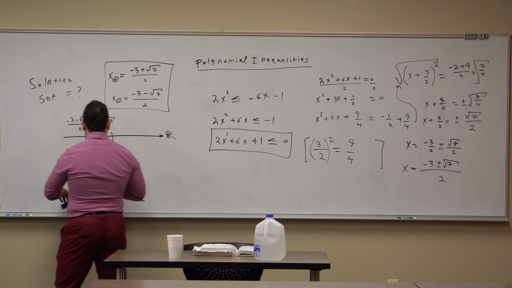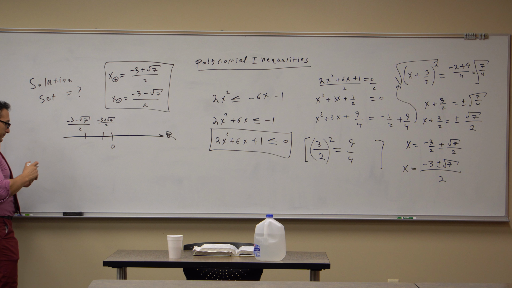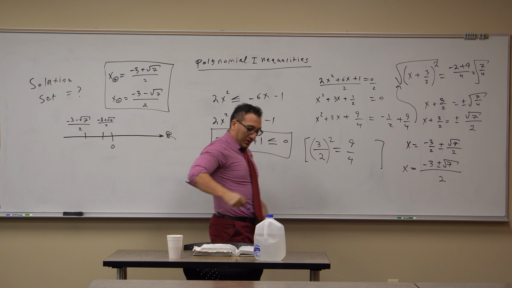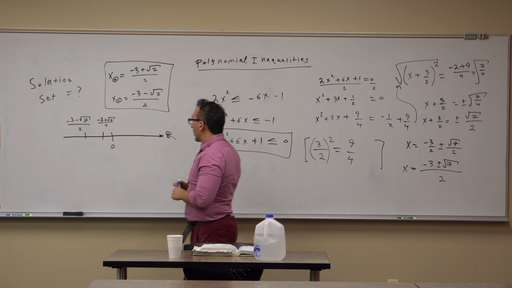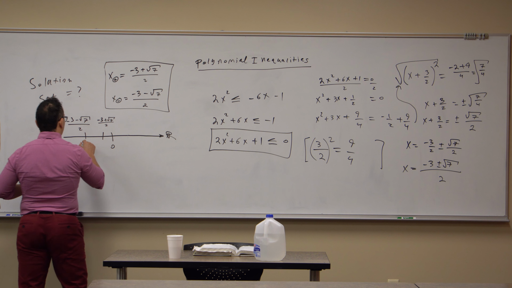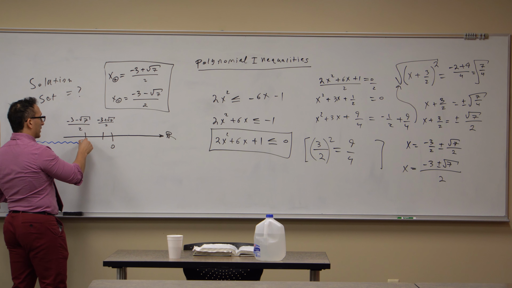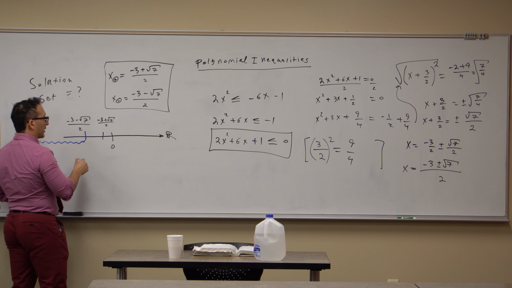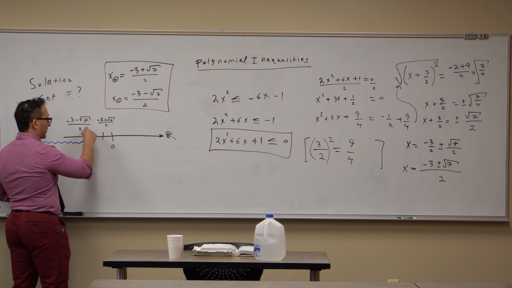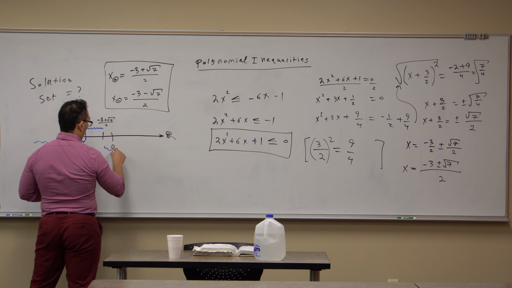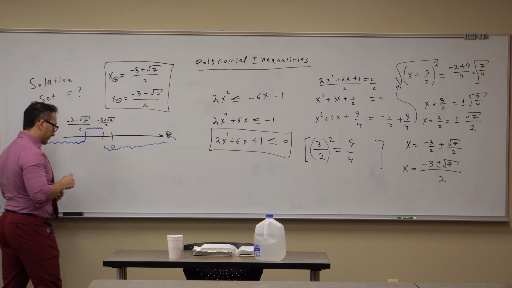So now we have these numbers on the number line, and we want to figure out which numbers we can plug in that will work. So we want to search to the left of this, we want to search for the middle, and we want to search for what's to the right.